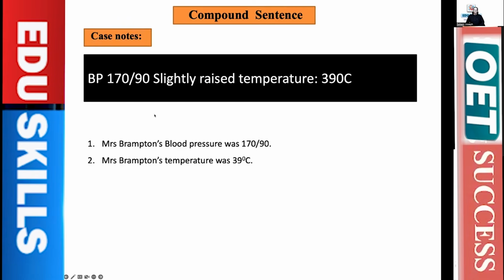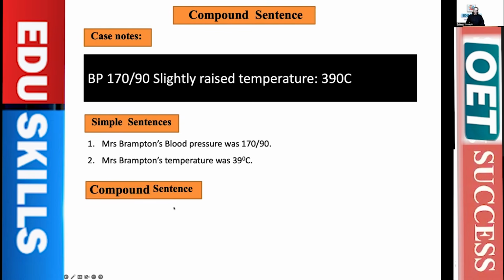So here, case notes. BP 170 by 90, slightly raised temperature, 39 degrees. Okay, that 0 should be superscript, sorry for the mistake. And then we have made the simple sentences. This second step is already done, that's why I'm going faster there. Simple sentences were: Mrs. Brampton's blood pressure was 170 on 90. Mrs. Brampton's temperature was 39. Now, compound sentence.